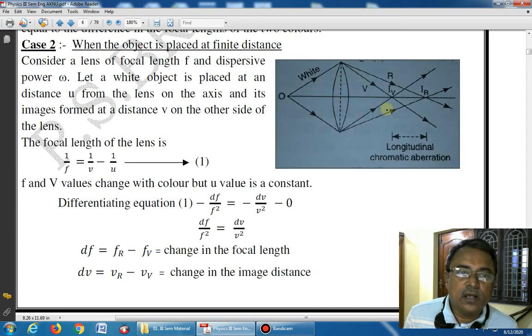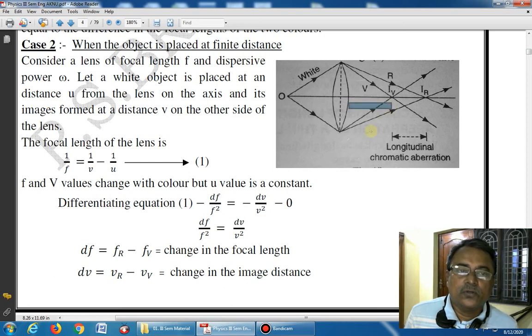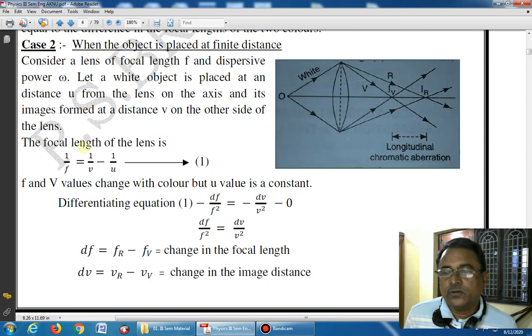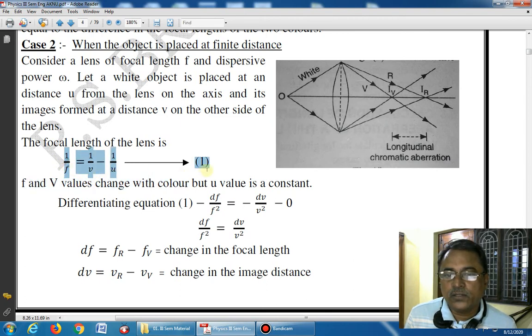Similarly, V is also measured in the same direction, so we take it as positive. But the object distance is measured from the lens to the object, and it is opposite to the direction of the light flow, so we take a negative sign. This equation is taken as equation 1.